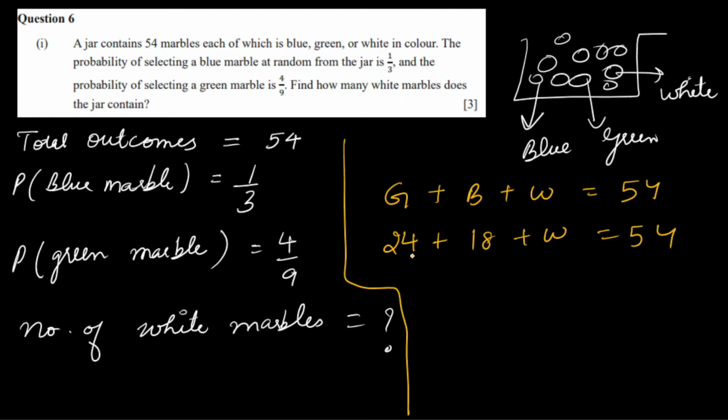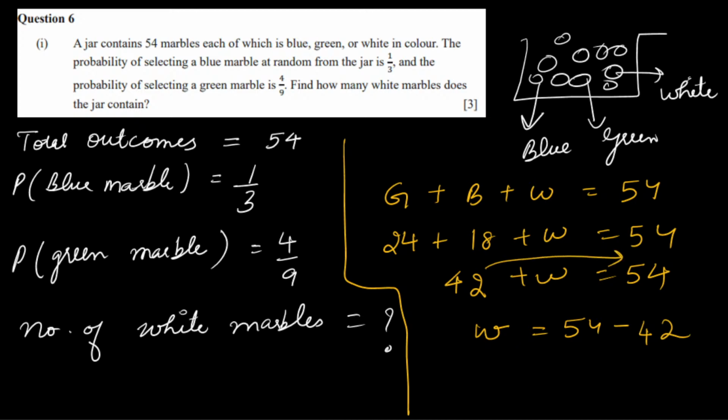So 24 plus 18 is 42. 42 plus white is equal to 54. So white marbles, with W I am writing, is 54 minus 42. 42 I just shifted to the other side. So this is equal to, what's the answer? 12. Yes. So you have found 12 marbles.